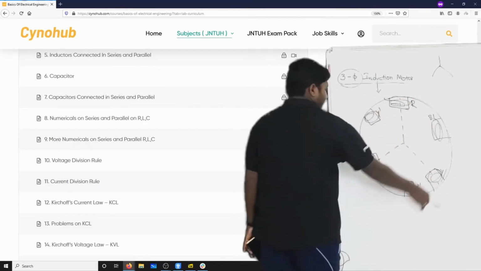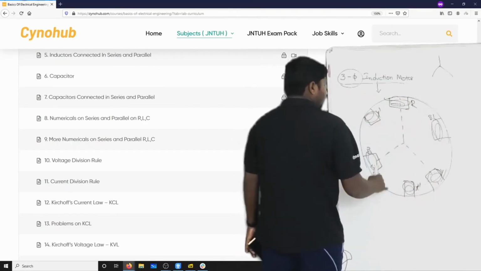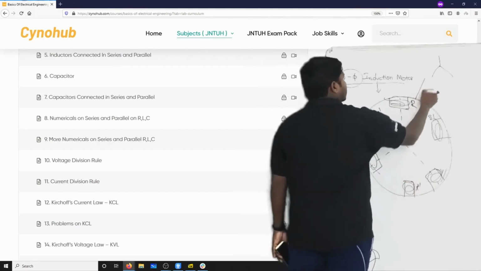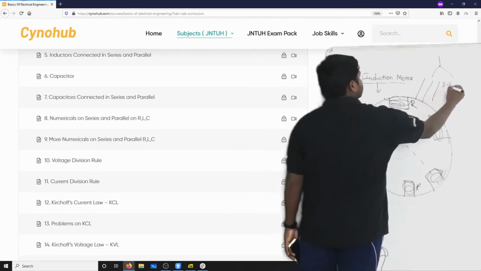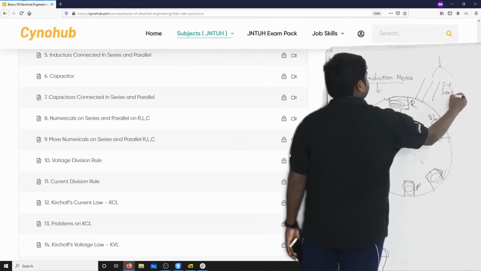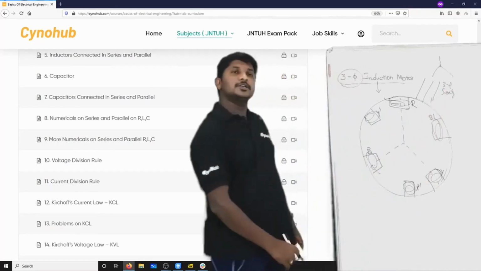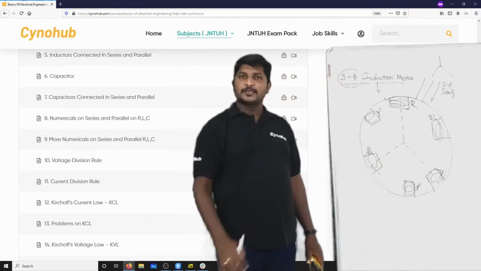So, these are the stator poles and stator winding, and this is the three-phase supply. That is about the stator.